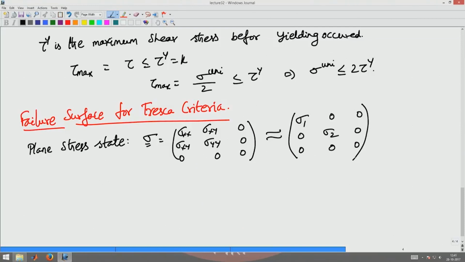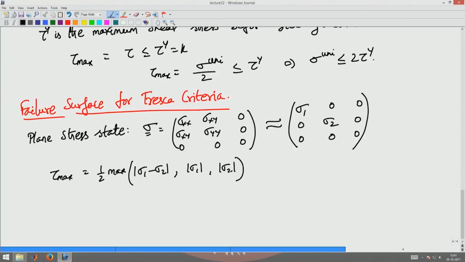For this, tau max is given by 1 half times the maximum value of the absolute value of sigma 1 minus sigma 2, the absolute value of sigma 1, and the absolute value of sigma 2. Now, what will this be?